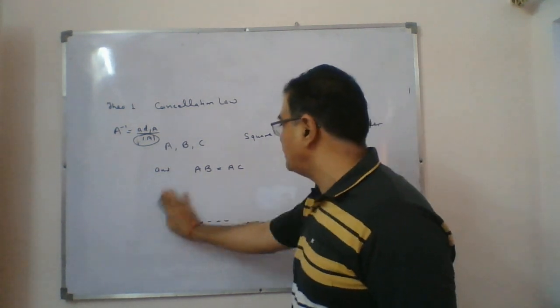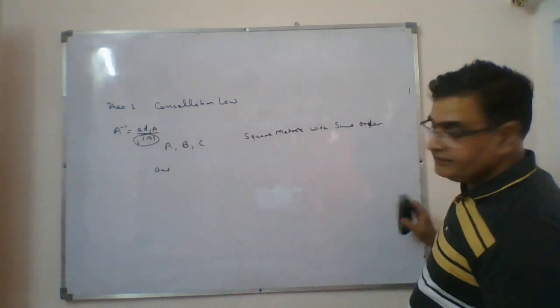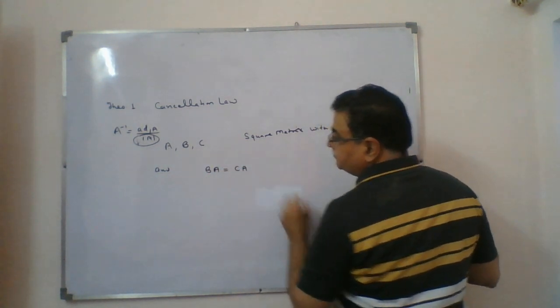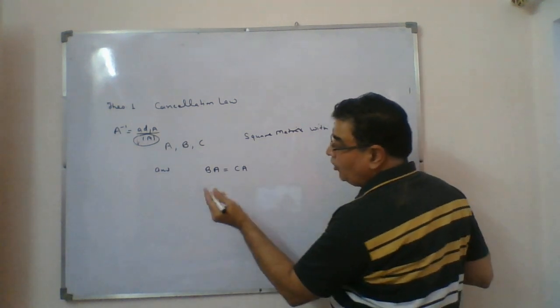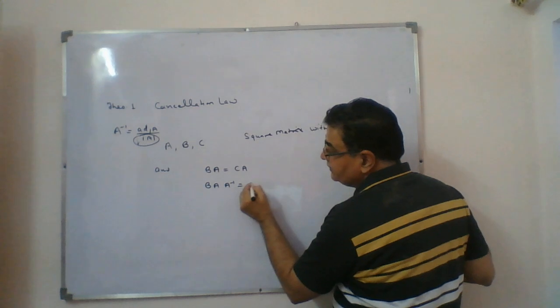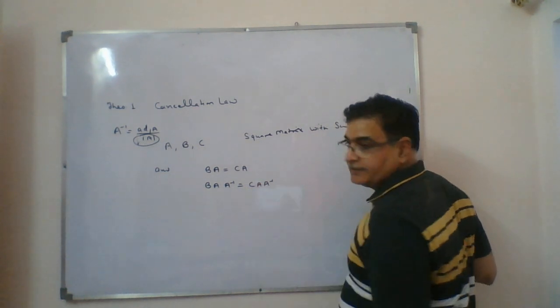Another cancellation law is also there. This is called left cancellation. In the same way, if I give it this way, BA equal to CA, then this is called right cancellation. In that case, what I do here is multiply by A inverse: B A inverse, C A inverse.